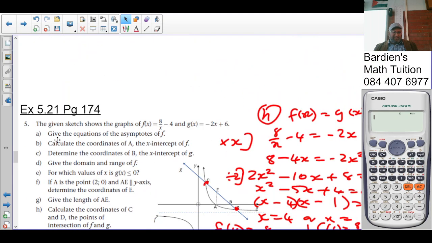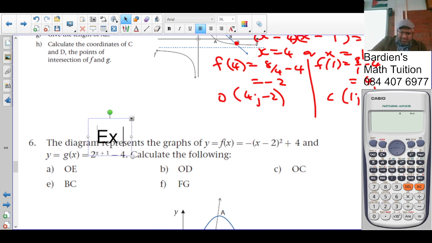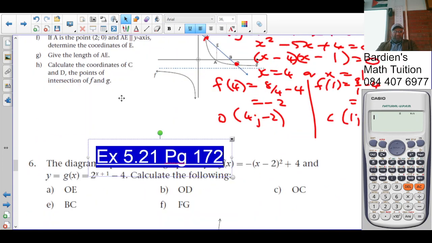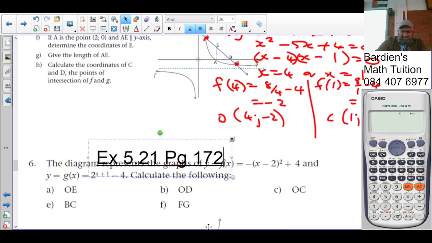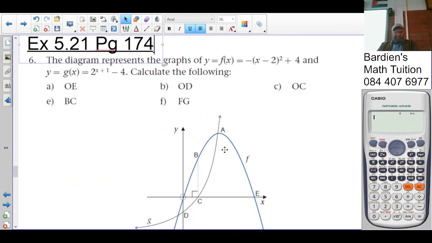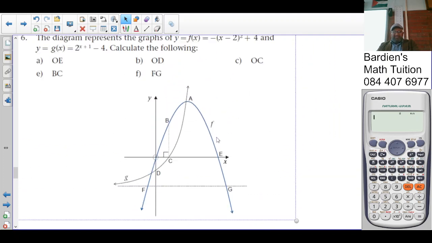So this is exercise 5.21, page 174, where the exercise starts. I know the sum in particular is on page 177.